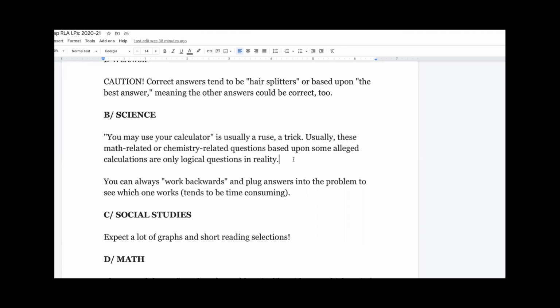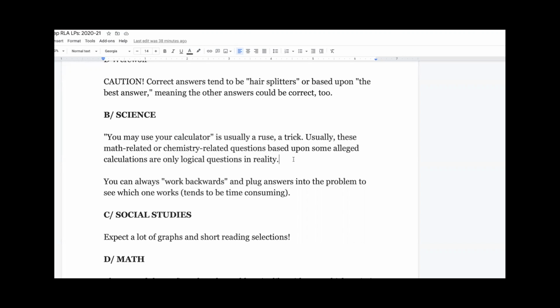And I'm sorry I don't have examples, but if we get to it, if you're with me in 5 or 6 weeks, we'll do this and you'll see what I mean. They'll give you, like, a chemical formula up there, and you're thinking, oh my God, I don't even know what that says. HCl, what the hell is that? And it turns out, well, you don't even need to know what that is. See, that's where they trick you.